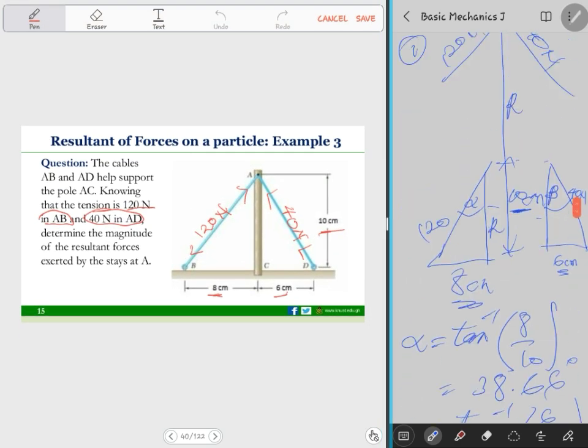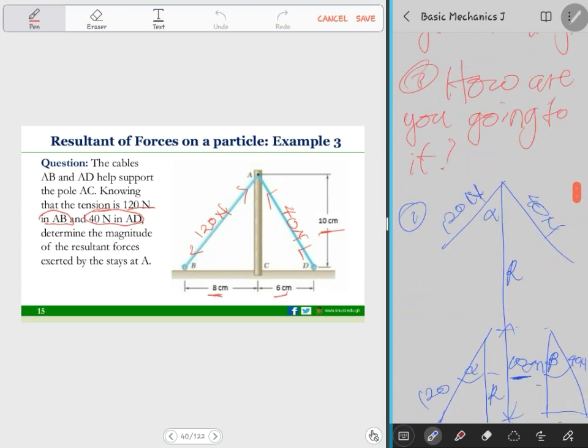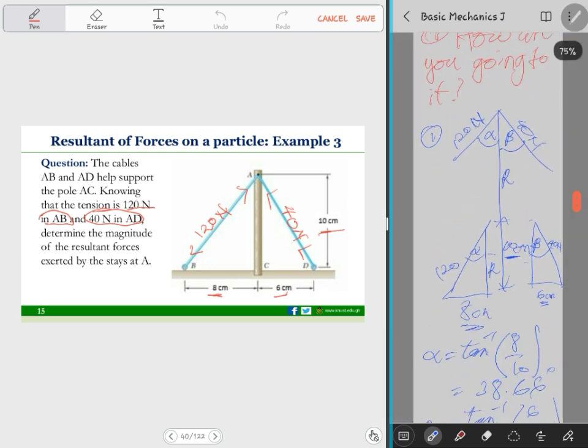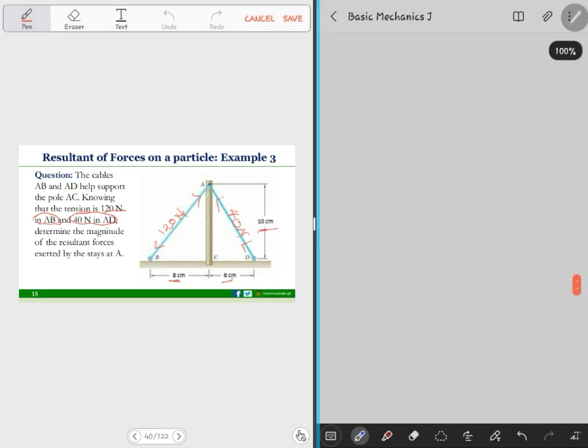So now that we have these two, we still have our diagram here. Let's just put it here. We know alpha, we know beta already, right? So if you try to turn all this into a triangle, this will happen. Let's do this here. So alpha, here's beta, right?